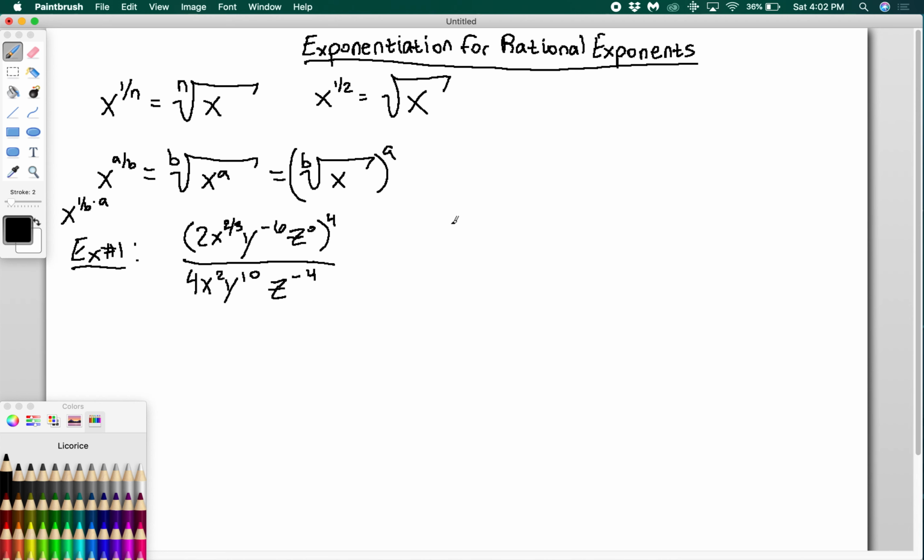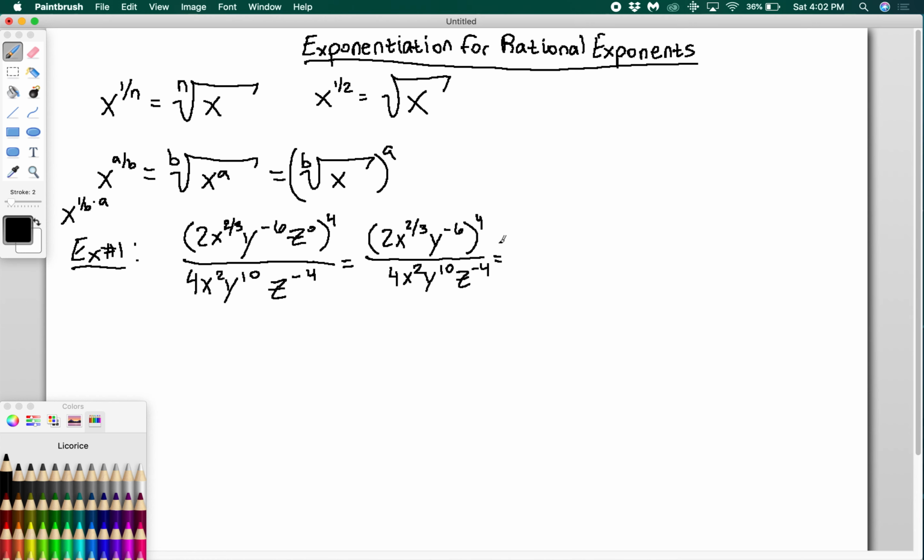Well, what I'm going to do first is recognize that z to the 0 is 1. That just goes away. So I have on top 2x to the 2 over 3 times y to the negative 6, to the 4th, divided by 4x squared y to the 10th z to the negative 4th.